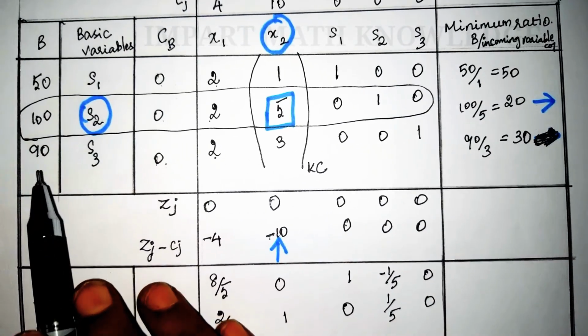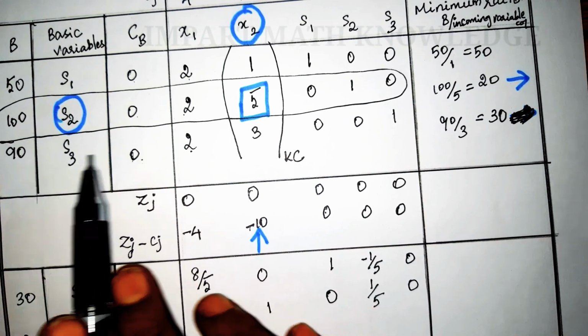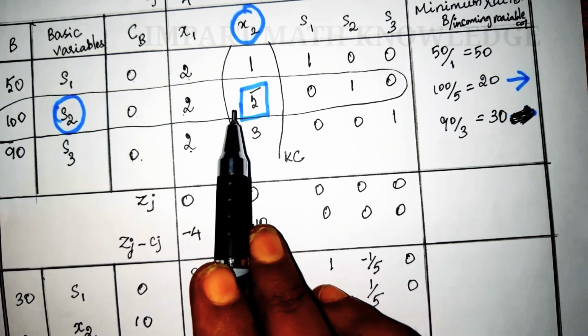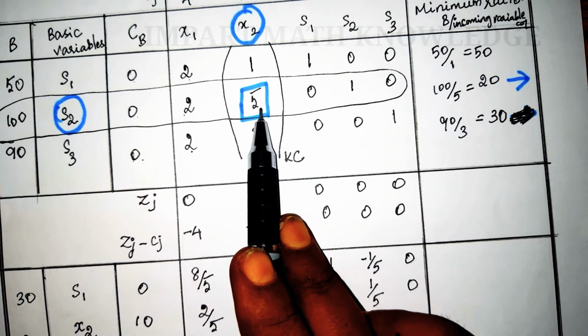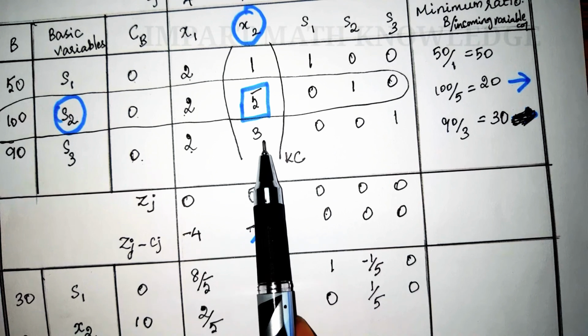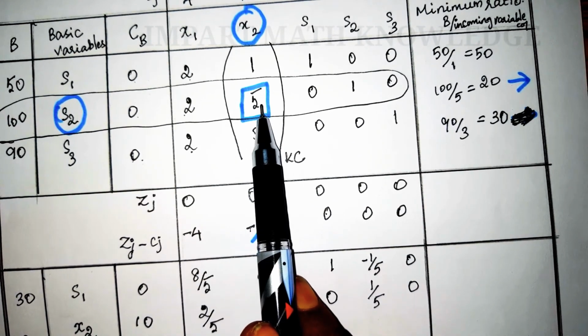For third row, the old value is 90. 90 minus key column value is 3 into key row value is 100 divided by key value. For 2, the new value is 2 minus key column value into key row value divided by key value.